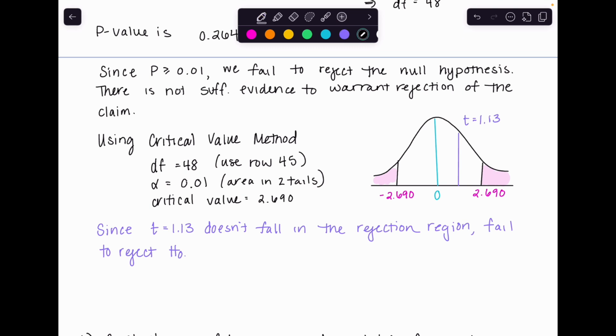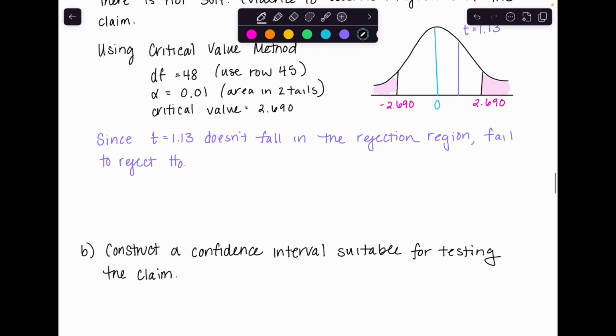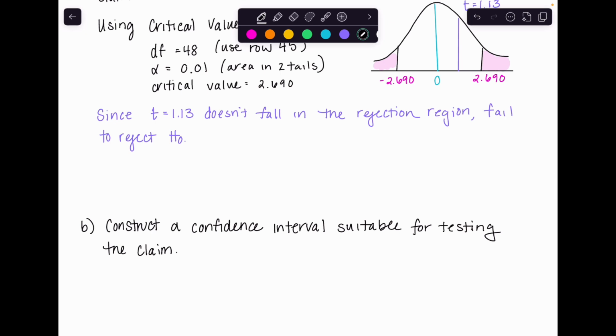The other thing we can do is construct a confidence interval to test this particular claim, and then see whether it contains 0 or not. So for the second part, we're going to construct a confidence interval suitable for testing this claim.